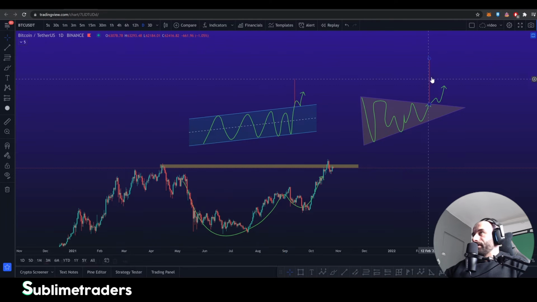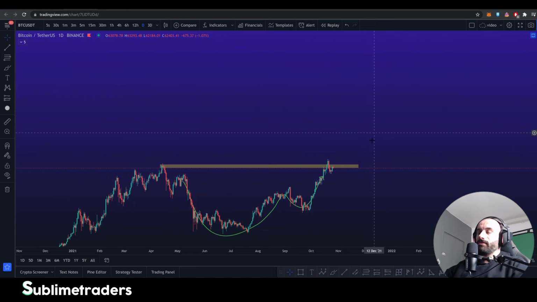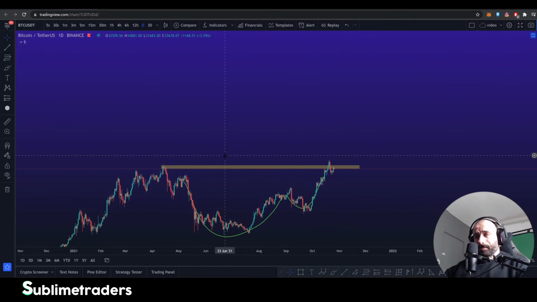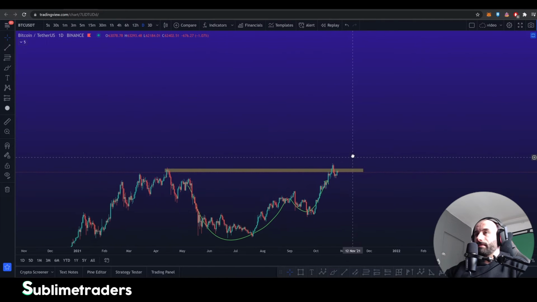So we have a projection line like this. So this is the way to project targets in existing formations. It works wonders, guys. It works wonders. Combine this with Fibonacci and you will have extremely precise targets. Sometimes I get questions on how I managed to pull out extremely precise targets. This is part of the technique that I use to establish targets.